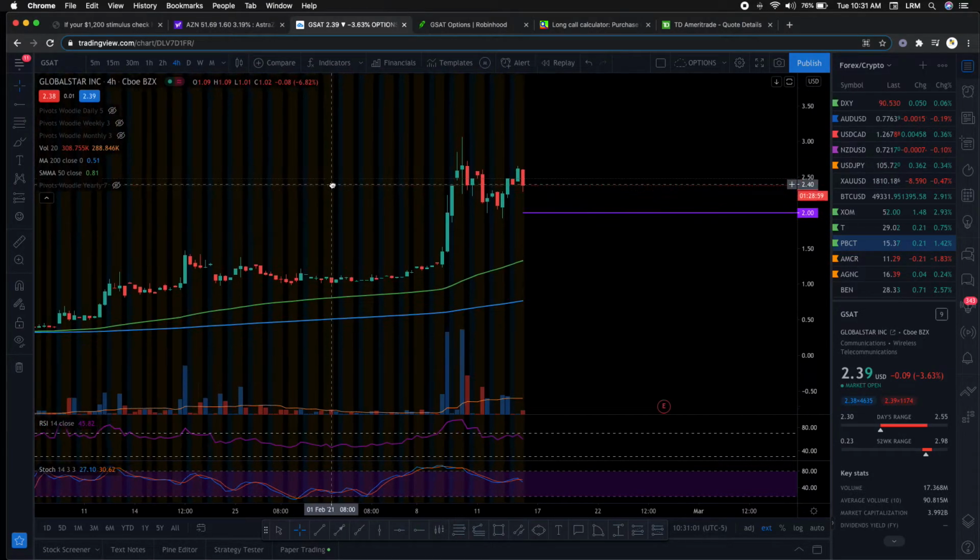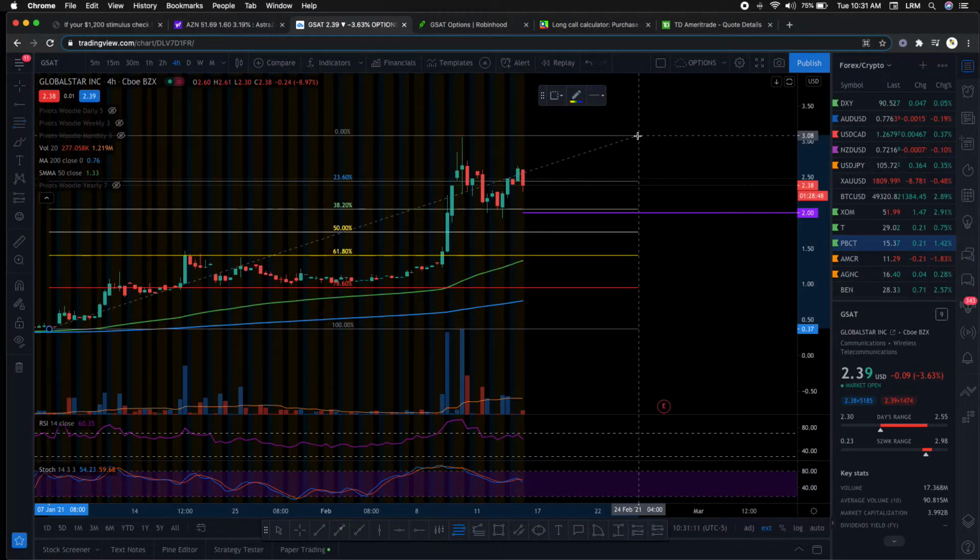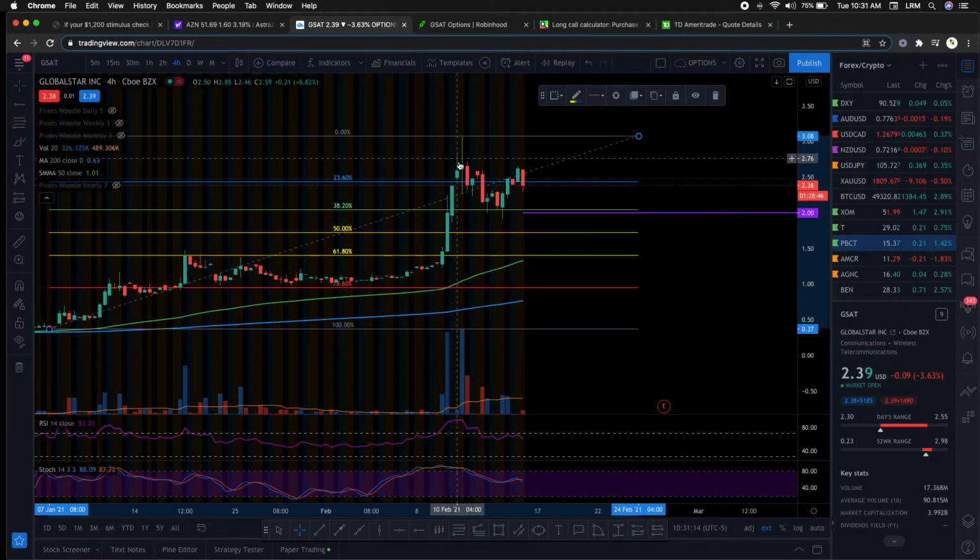Now, if you was on last Sunday's class, and you understand how to pull out the fib, you would go from swing low to swing high. All right, and you can see the pullback came all the way down to the 38.2% level. Your entry could have been around here, which it is because your strike is here, and then you get all this gain.